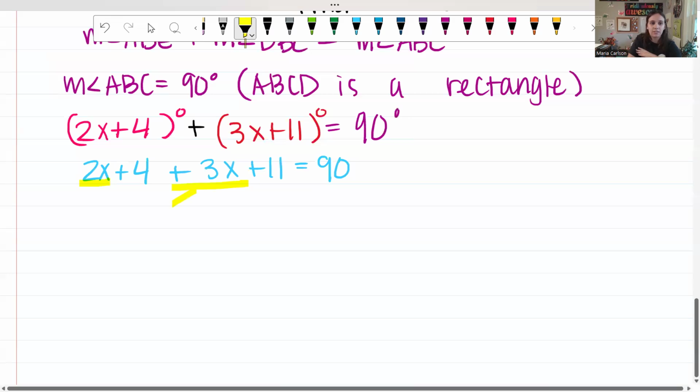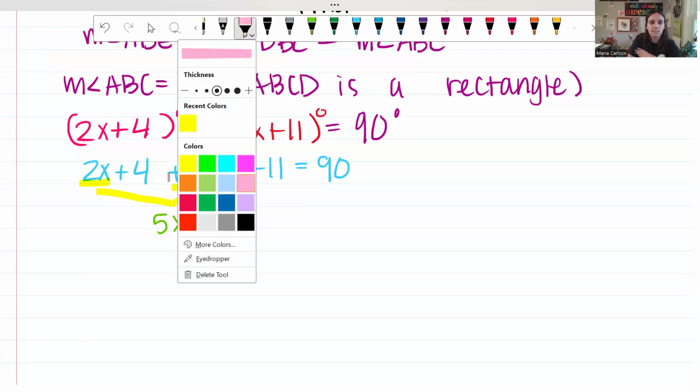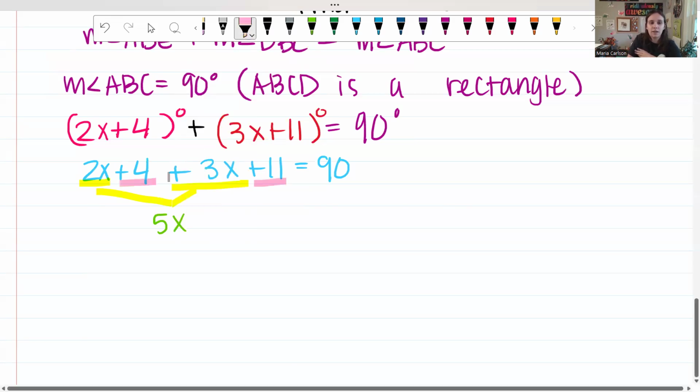That will combine to give me 5x. And then we have our constants of 4 and 11, and 4 and 11 combine to give us 15. So I have 5x plus 15 is equal to 90. And then we can continue to solve, subtract 15 from both sides.